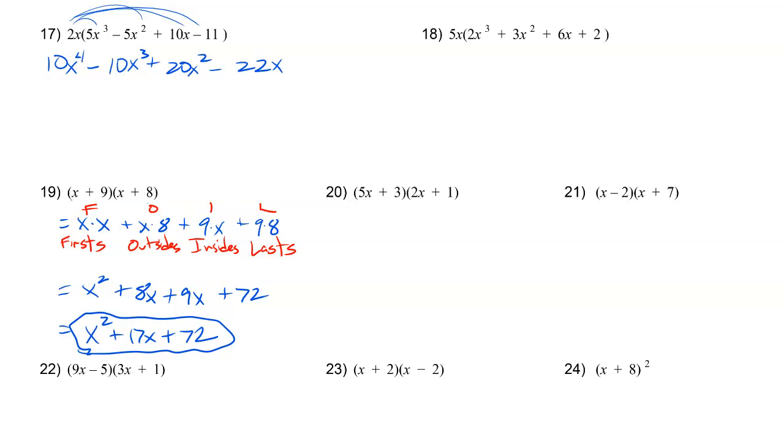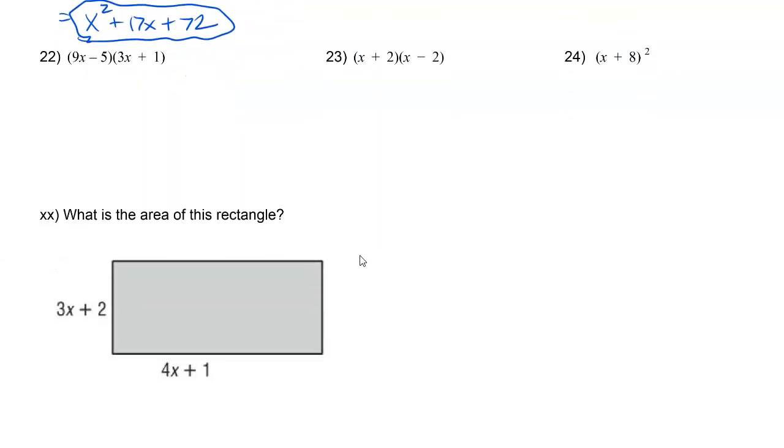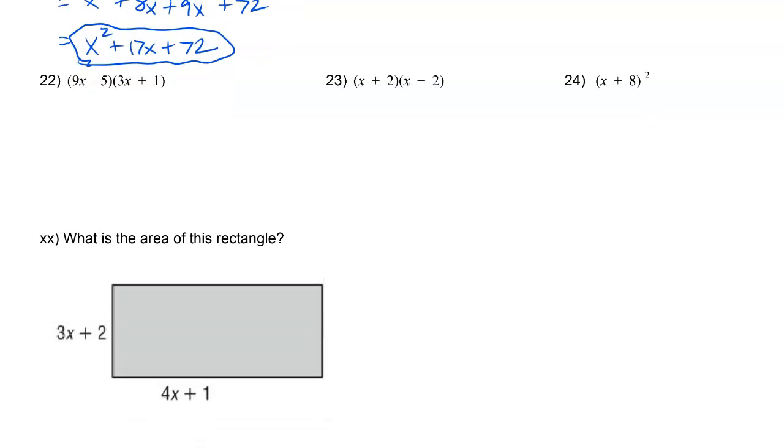Okay, good. Maybe let's go to 24. Sophie, do you think you could help me out with 24? It's kind of the only other different kind of question, I guess. Do you remember what this squared means to do? It means times itself.